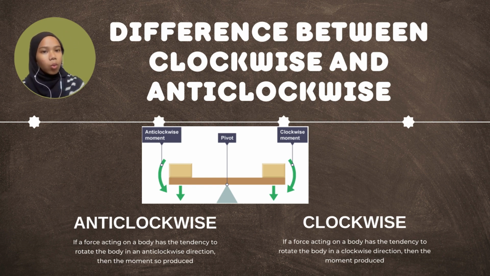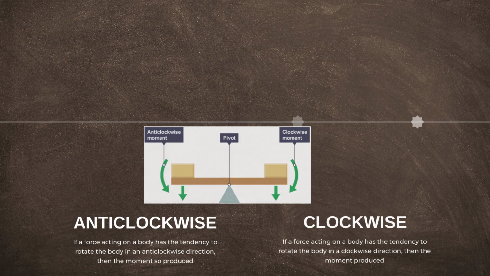For anti-clockwise moment, if a force acting on a body has the tendency to rotate the body in an anti-clockwise direction, then the moment is produced. For clockwise moment, if a force acting on a body has the tendency to rotate the body in a clockwise direction, then the moment is produced.